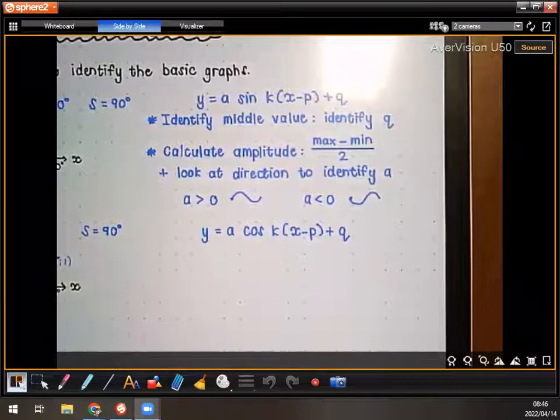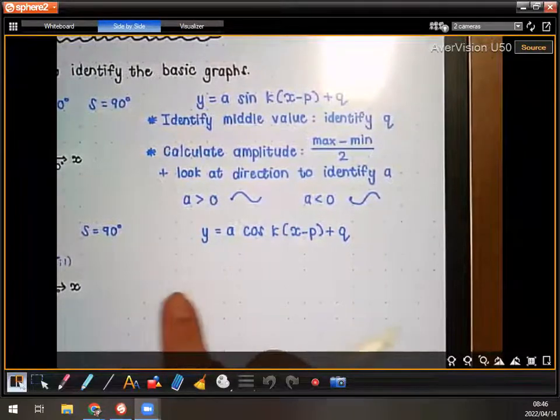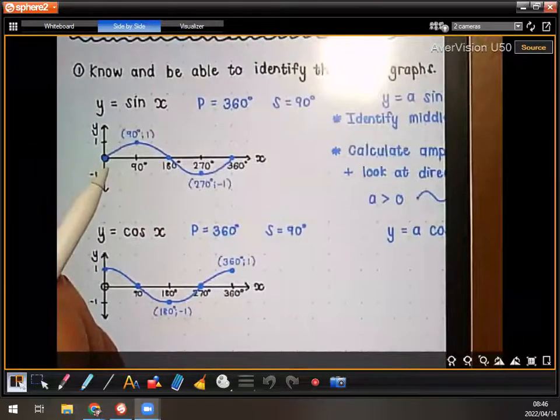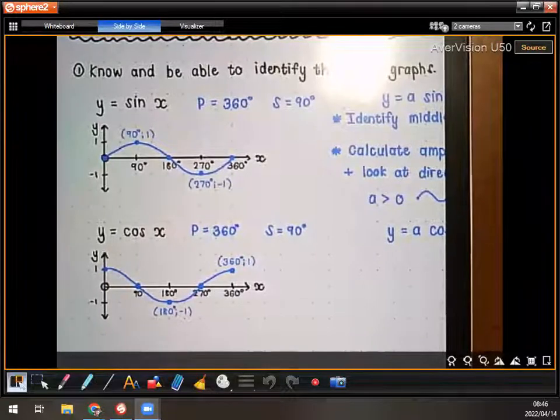Now for this one, instead of identifying the middle value, I'm just going to go back over to the graph quickly. For the sine graph, it starts at the middle value, whereas the cos graph starts at the maximum value. So normally to see if the graph has shifted up or down, you need to look for that maximum value, and see where that is.